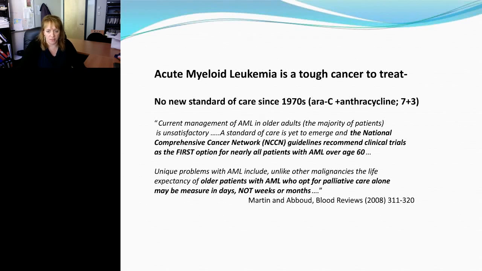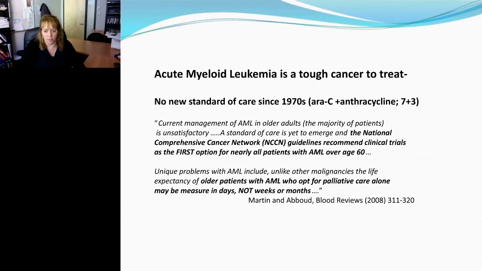Just to drive that home, there are two quotes I'd like to make. Currently, management of AML in older adults, which is the majority of patients, is unsatisfactory. And the standard of care, the National Comprehensive Cancer Network guidelines, recommends clinical trials as a first option for nearly all patients with AML over the age of 60. It's also important to note that the disease progression is quite rapid.